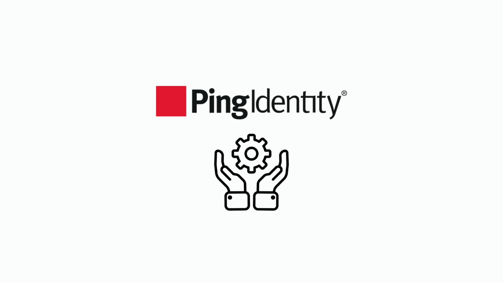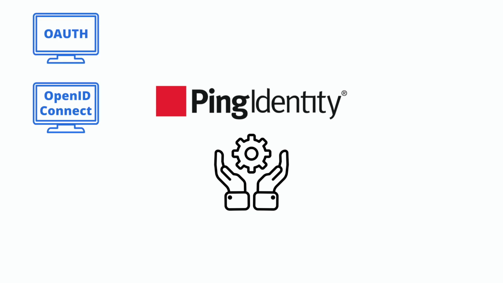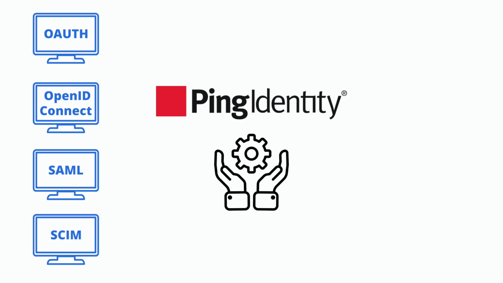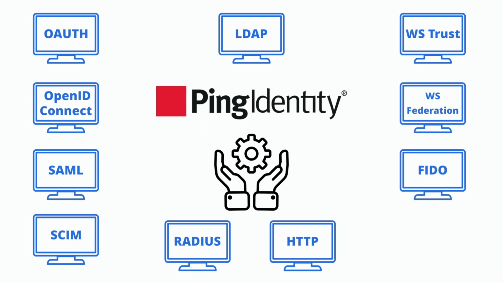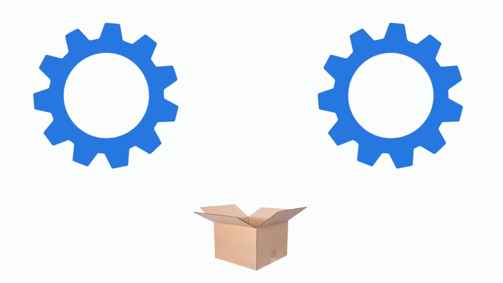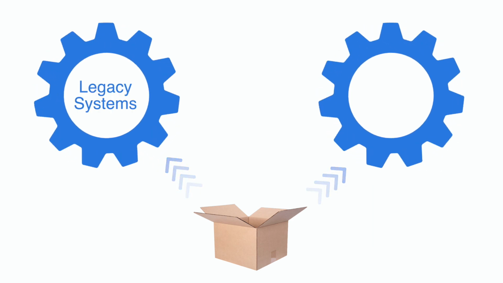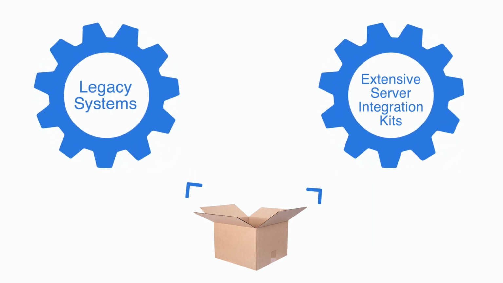Native support for identity standards including OAuth, OpenID Connect, SAML, SCIM, LDAP, Radius, HTTP, WS-Trust, WS-Federation, FIDO, and JSON Web Tokens, connections to all on-premise and cloud-based directories, out-of-the-box integrations with legacy systems, and extensive server integrations kits.